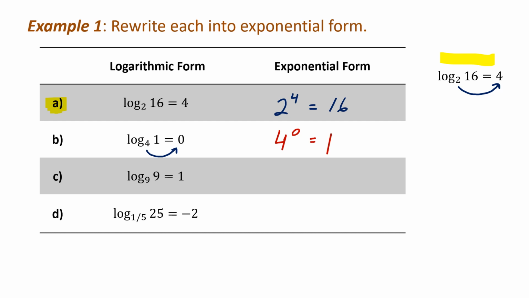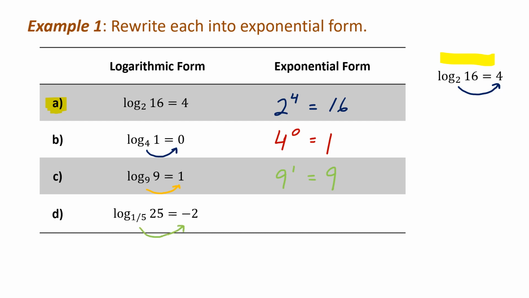equals 1. Next one, log base 9 of 9 equals 1. Make the arrow. So 9 to the first power equals 9. And last one, we have log base 1/5 of 25 equals -2.